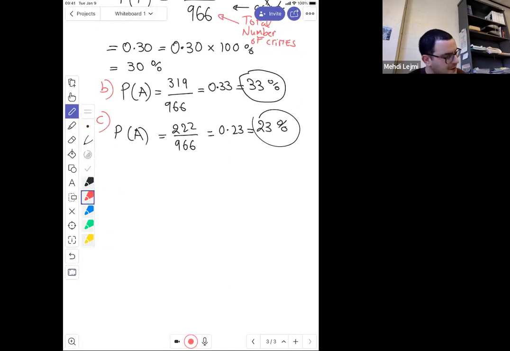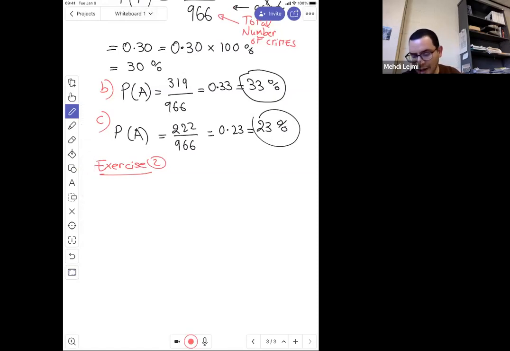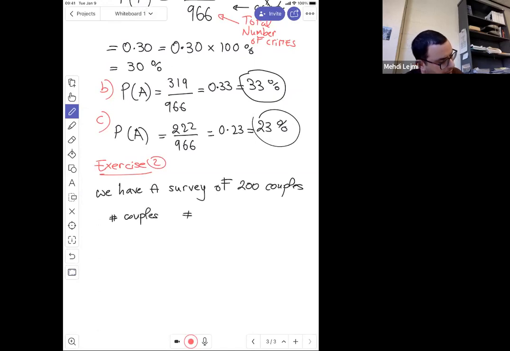All right, so let's do another exercise. It's again about probability, of course. Exercise 2, I guess. We have a survey of 200 couples. In this table, we have the number of couples and the number of kids.